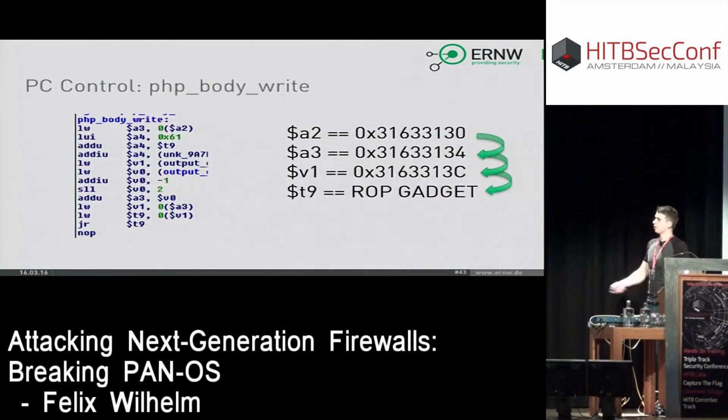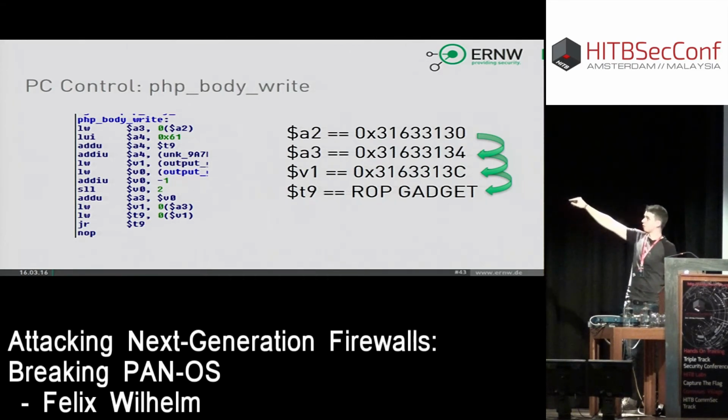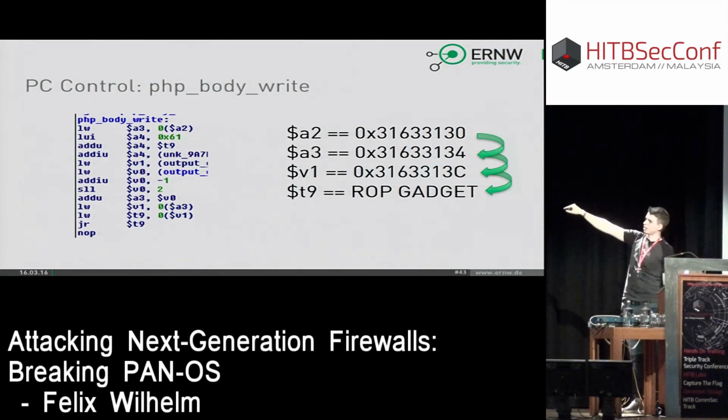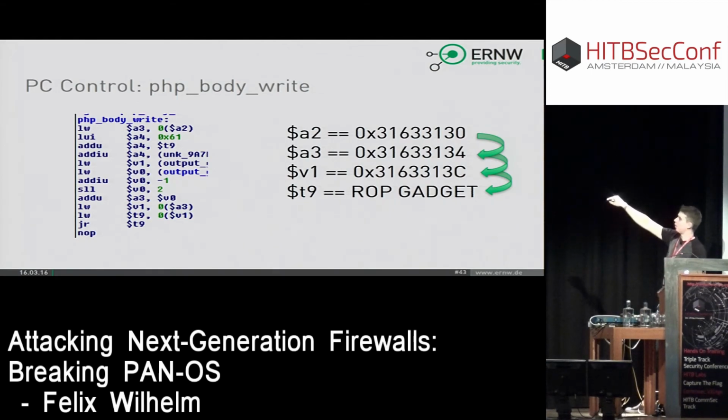On the left-hand side, this is the disassembly for the PHP body write function. Basically what happens is it loads a function pointer from the address that's stored in the A2 register. The A2 register contains the location of our heap spray. Then it loads a value from the A3 register. This just points to the next offset of our heap spray.